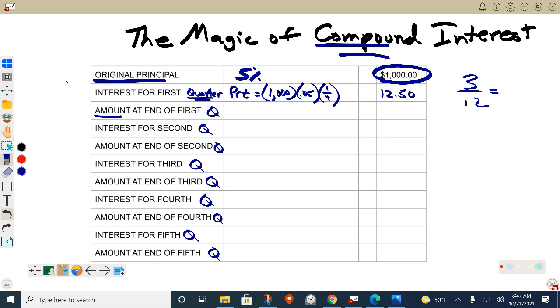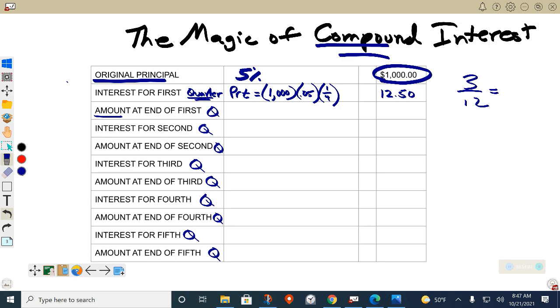So how much money is this person going to have at the end of the first quarter? It grew $12.50. So what's the total amount in the bank now? They just let the $1,000 sit there. It grew $12.50 in 3 months.